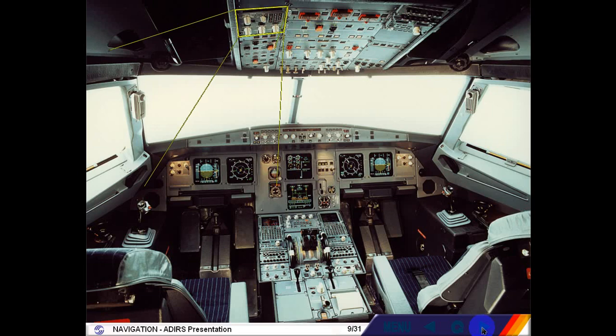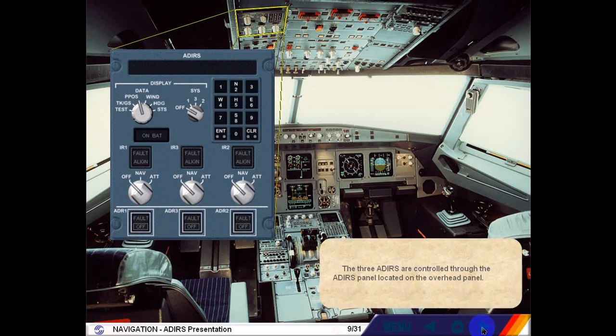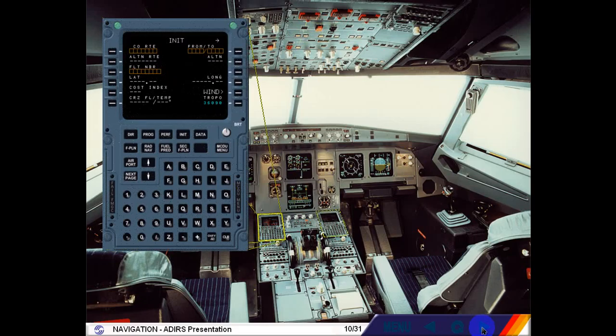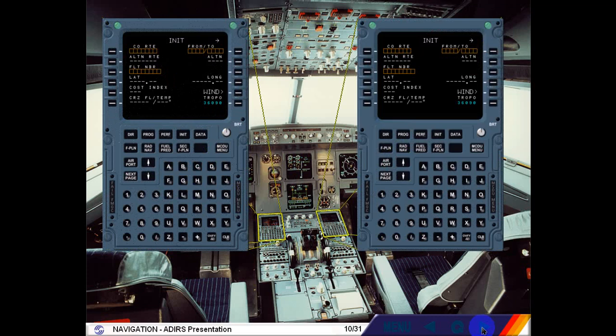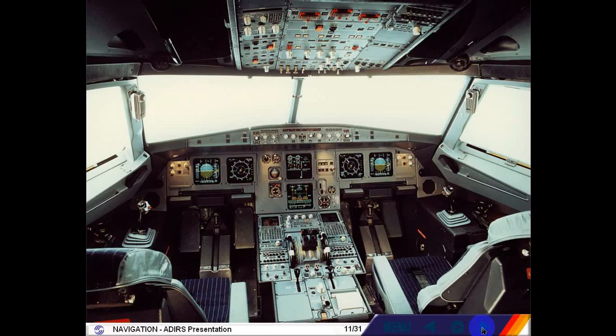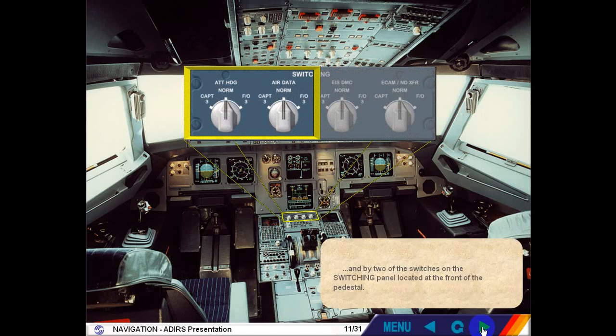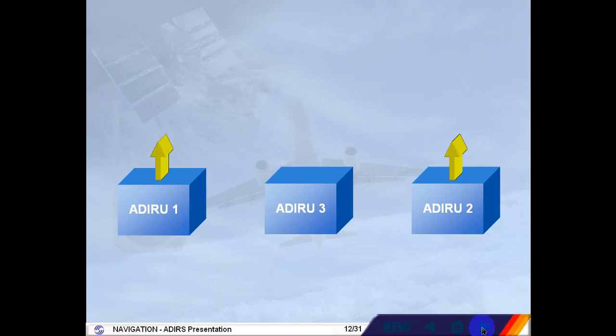The three ADIRS are controlled through the ADIRS panel, located on the overhead panel. They are initialized through the two MCDUs located on the pedestal and by two of the switches on the switching panel located at the front of the pedestal. Independent data is supplied by each ADIRU.